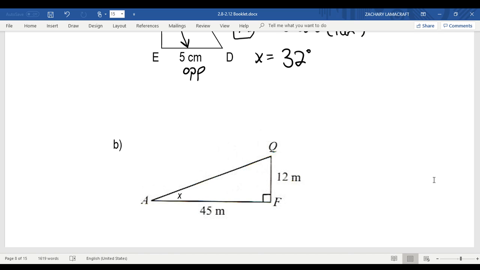All right, in the triangle AQF, what is our angle in question here? Exactly. A, and it's right over in this area here. So we know TOA. We're always going to write that for now when we're doing these tangent questions. So it would be tan, and we know it's angle A, but what are we using in this scenario? X as our variable is equal to opposite over adjacent.